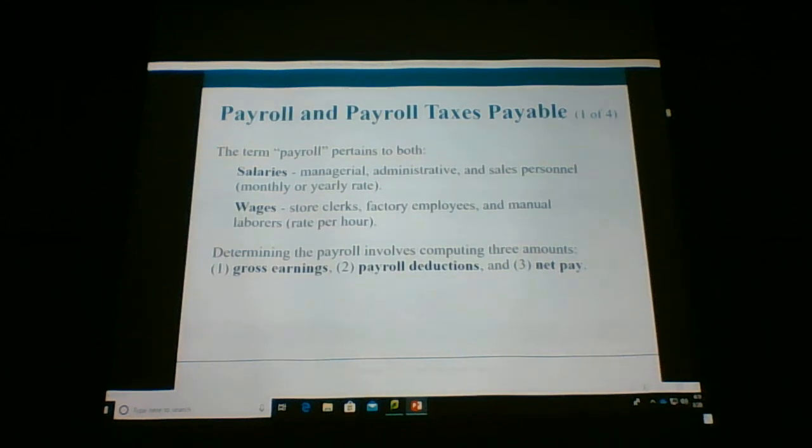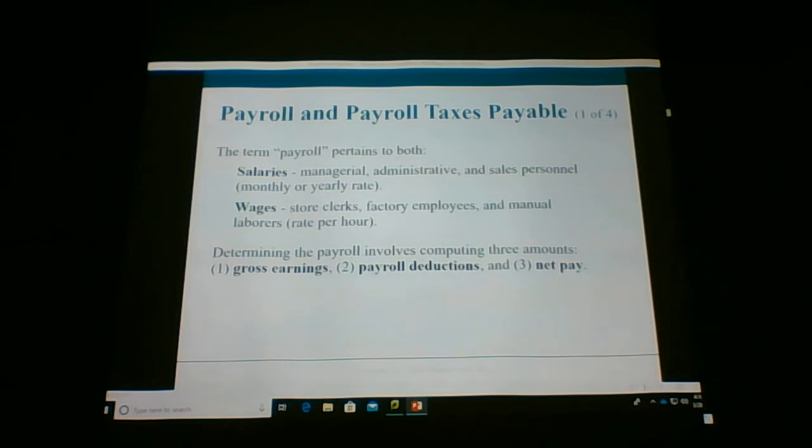All right, so let's continue. Now, if we think about what we talked about at the very beginning of this presentation, we listed wages and salaries, and we also listed taxes as a type of current liability, and that's absolutely the truth.